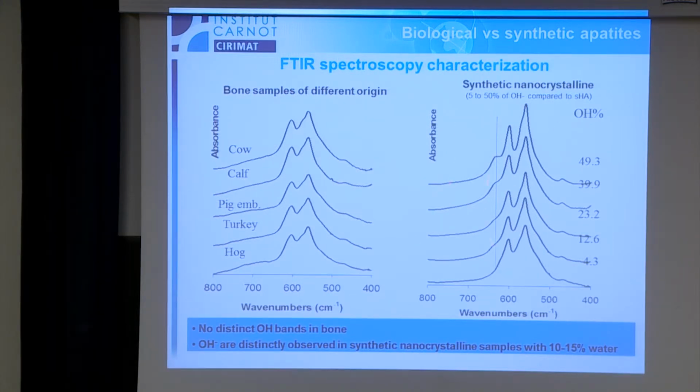So the lines that are interesting are here in the left side of this domain. So you can see that when we increase in synthetic apatite the OH content, we have an increase of the intensity of this subband, whereas in the various bone samples no distinct OH bands can be found in bone.